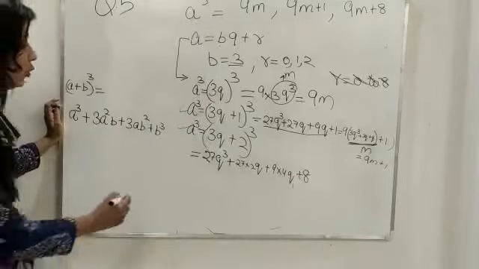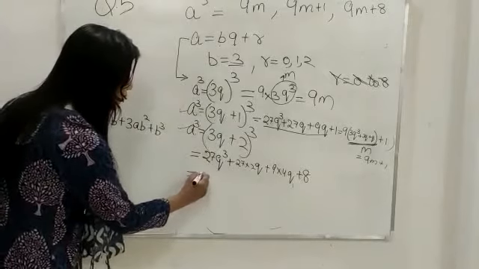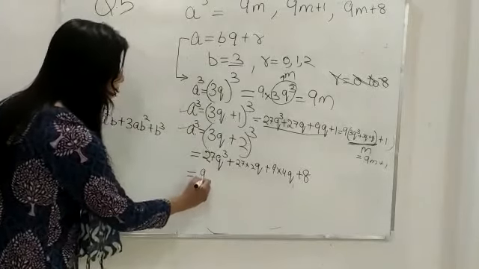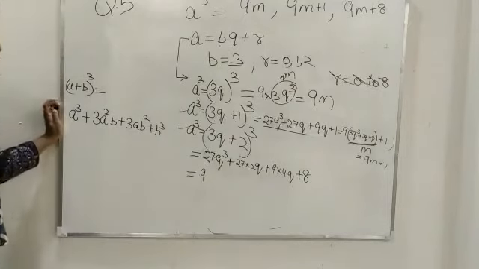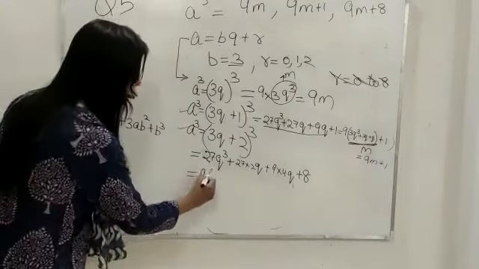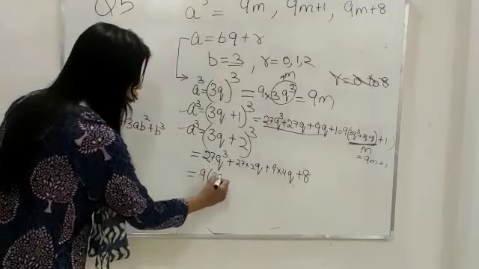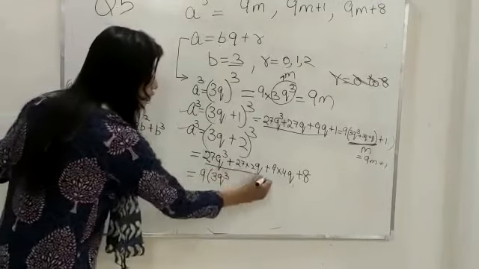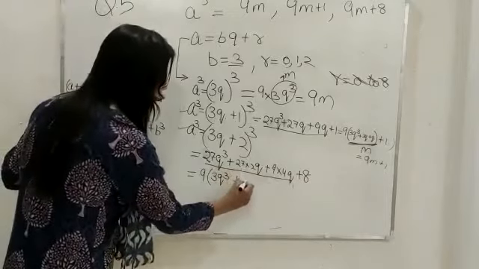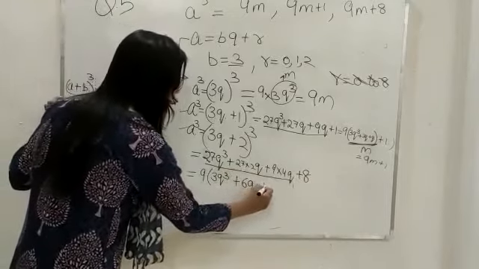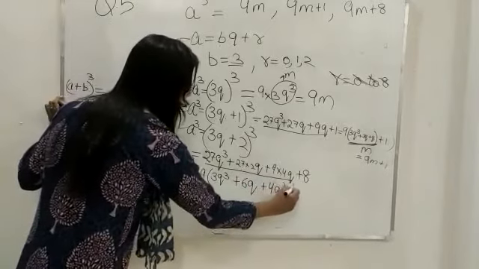So now what you will do? You will take out 9 common. You will write it as 3q cube, taking 9 common from the first 3 terms, plus 6q plus 4q plus 8.